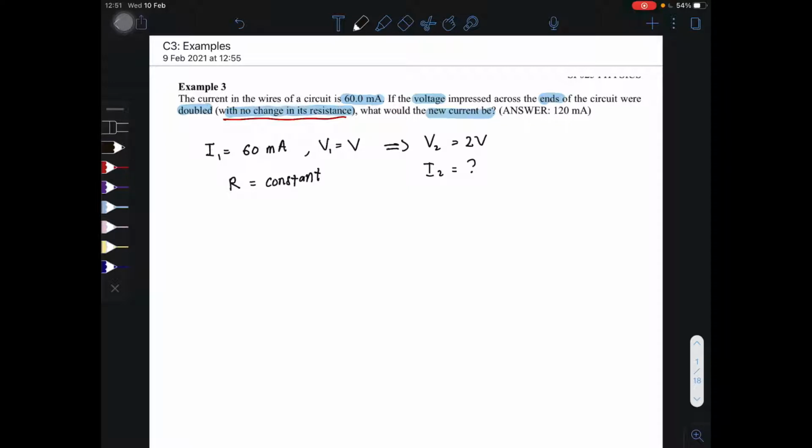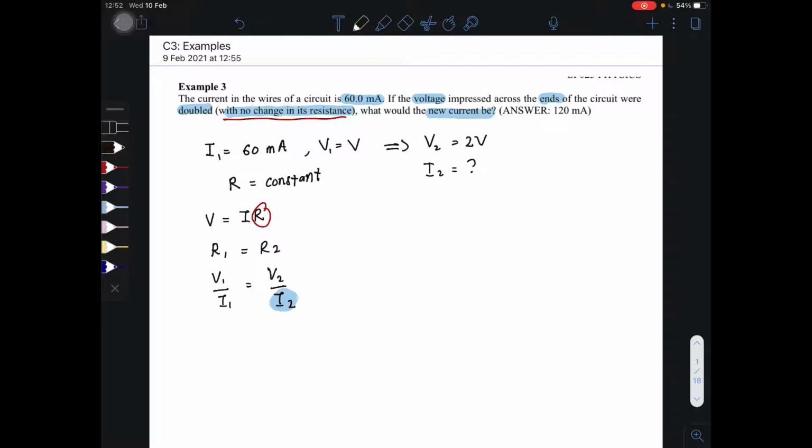So this one is very easy, we just need to use the ratio. Using Ohm's law, V is equal to IR. Since resistance is constant, meaning initial and final, R1 and R2 will be constant. So V1 over I1 will be equal to V2 over I2, and I2 is what we want to find here.